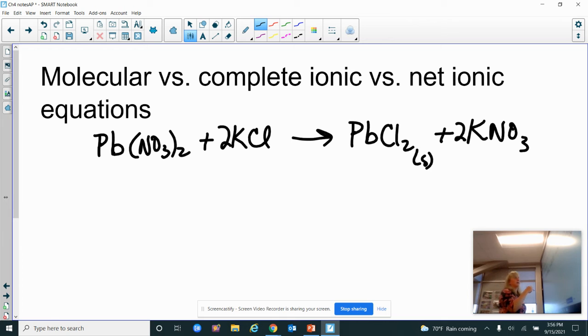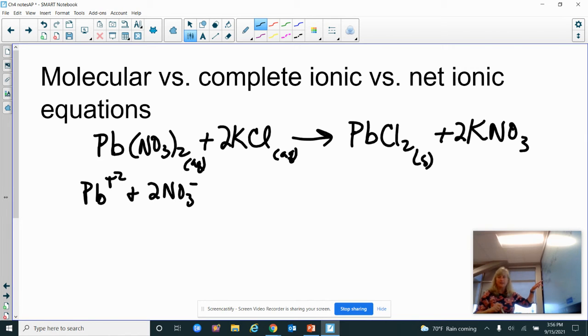Now, anything that is aqueous, which these were solutions, so they're aqueous ionic compounds, that means that they really don't exist like that. They, in solution, will be split up into ions. So the Pb is +2, and there's 2 nitrate ions. So this is how they really are.